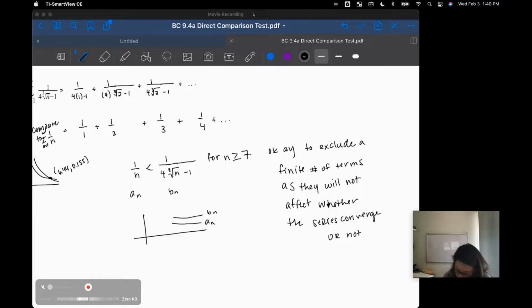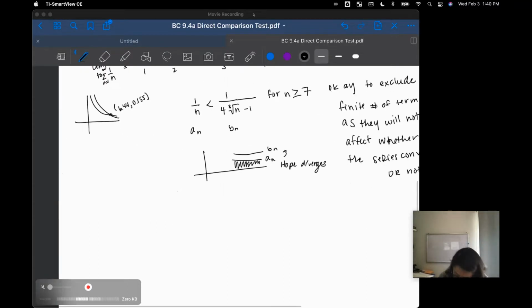We're hoping that a sub n will diverge. We hope that it diverges, because then it'll tell me that the larger output curve, b sub n, will also diverge.